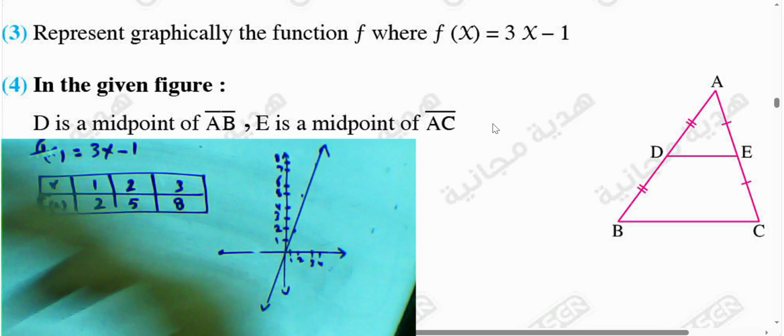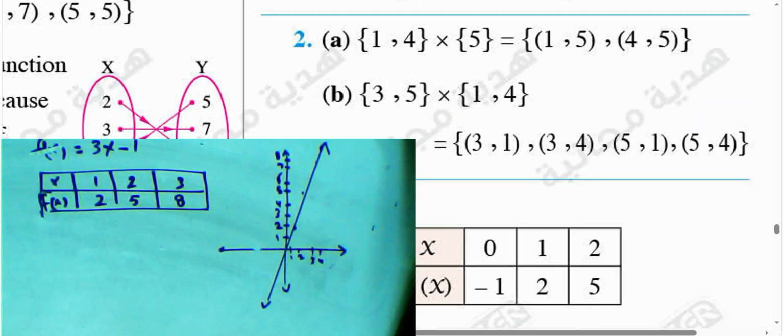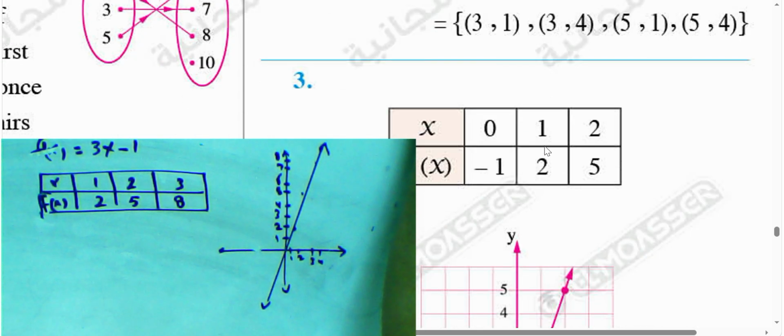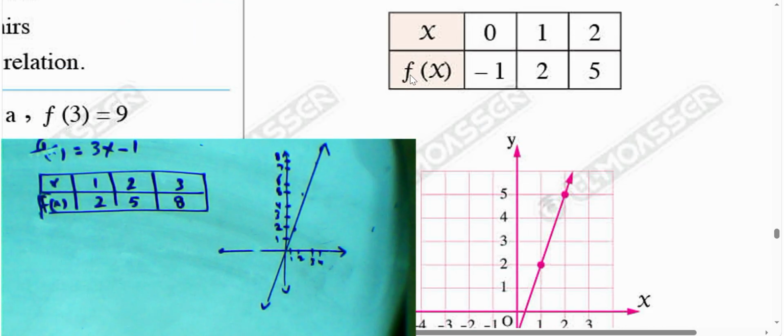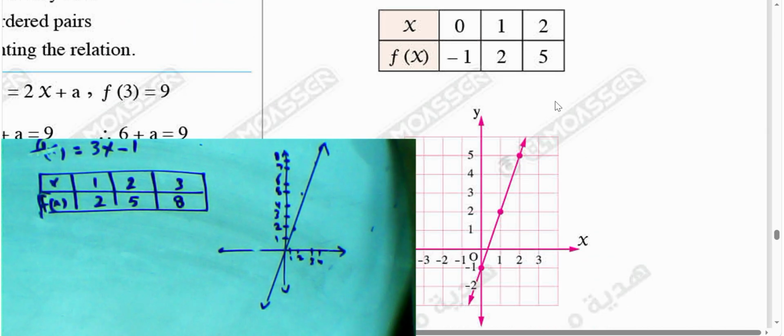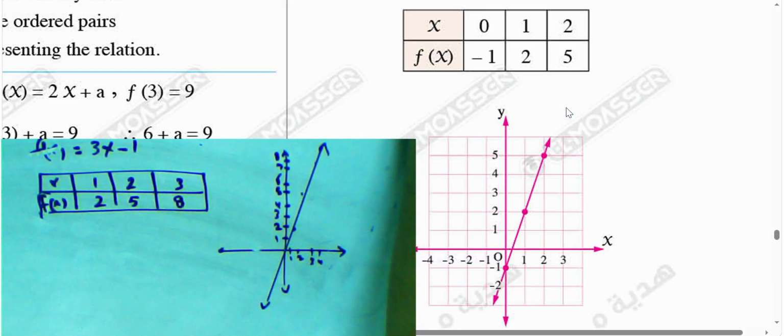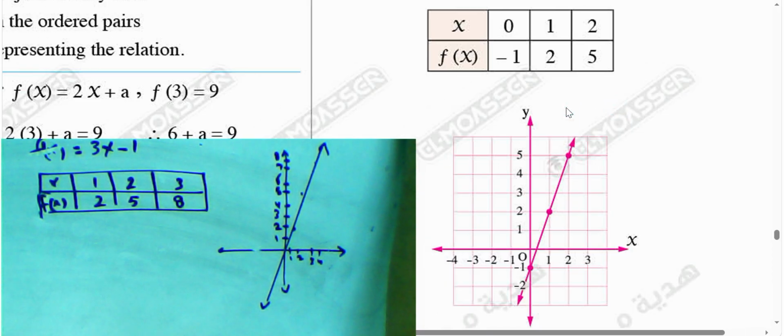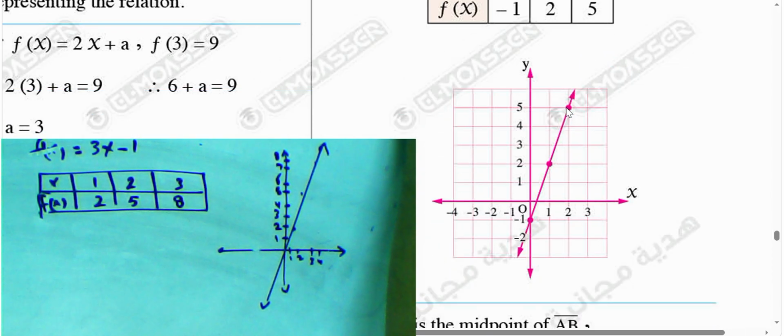You can choose any point as you like. In the book, he draws here like this. He shows 0, 1, and 2, and draws a number line and a straight line here. Look, like this, exactly the answer. Okay, next question.